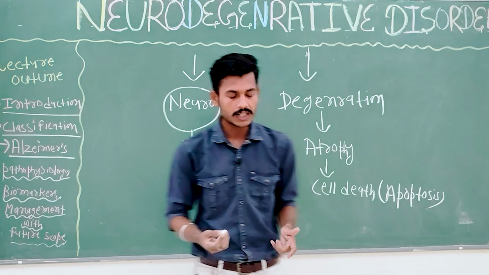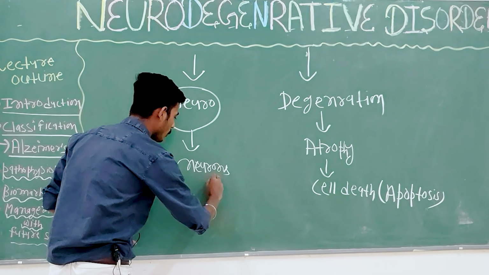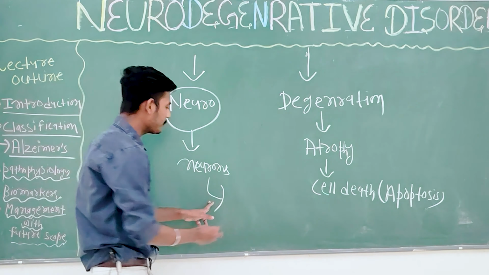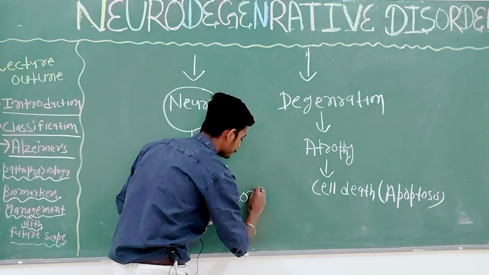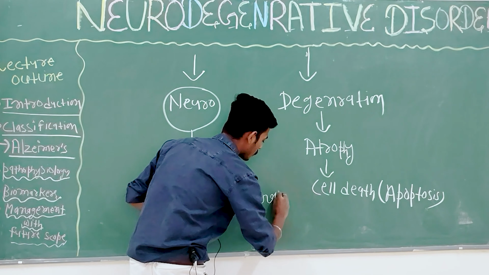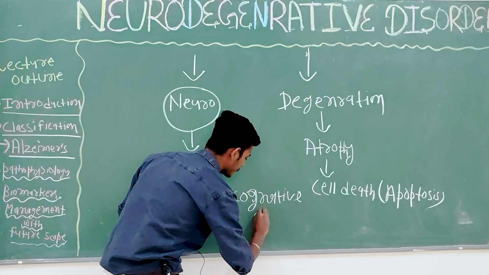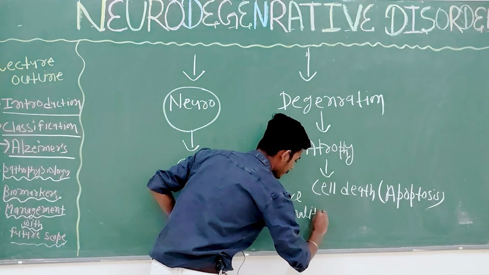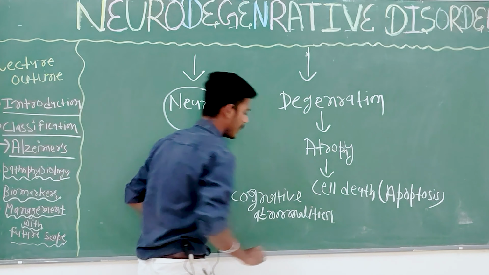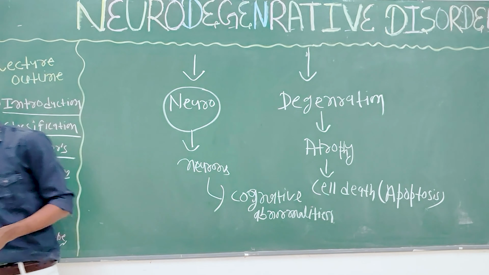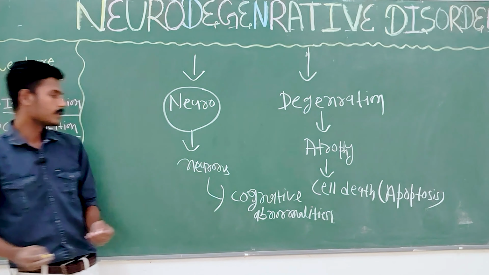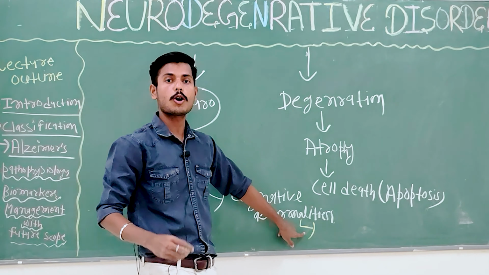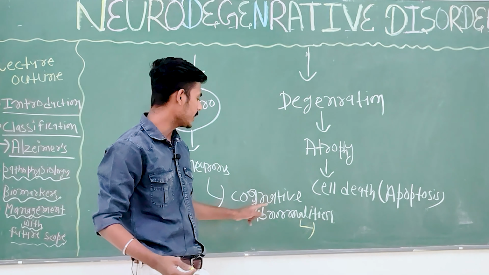So basically when neurons degenerate, we have cognitive abnormalities. Now, what do I mean by cognitive abnormalities? Cognitive abnormalities means there is a loss of memory. What are the cognitive functions?